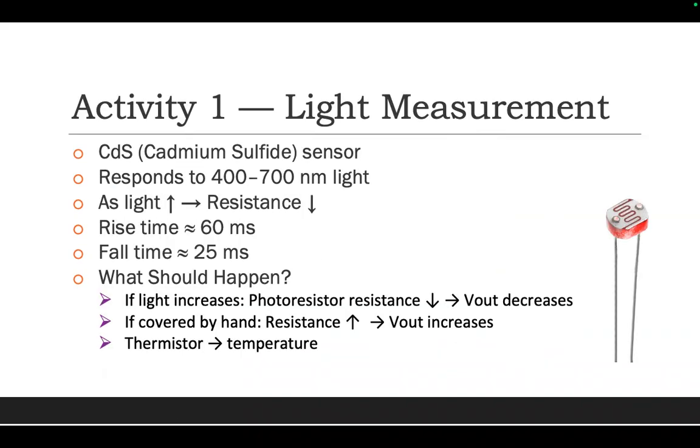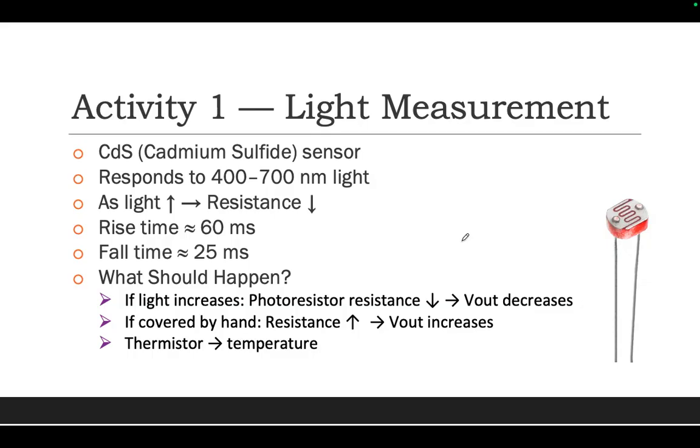For activity one, we know that it is light measurement. This sensor is a CdS sensor, a cadmium sulfide sensor. It is a chemical compound, and if light hits this material, it generates negative and positive charges, which makes the resistance change.